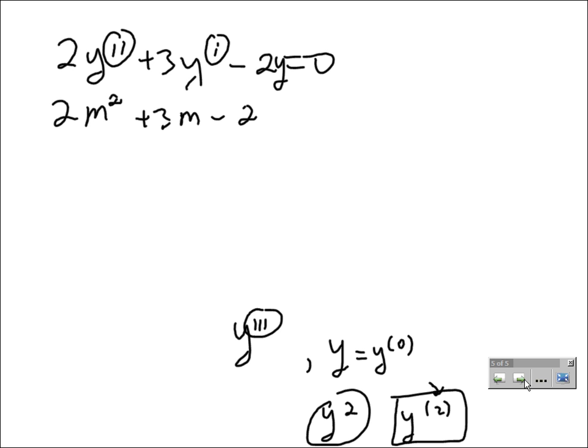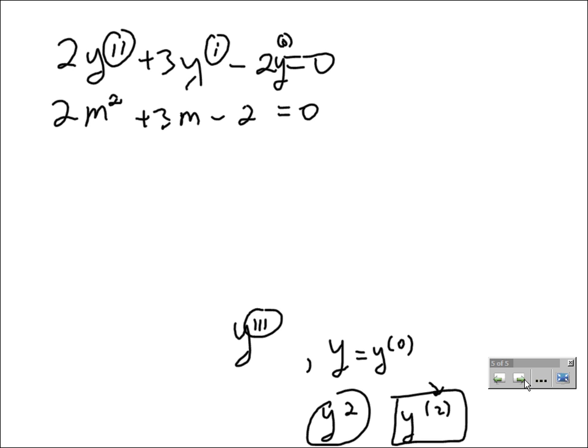Since this is a differential equation class, it means derivative. Okay. So the derivative is 0, so we have m to the 0, which is 1. 2 times 1 is 2. And this equals 0. Now, we want to factor this.